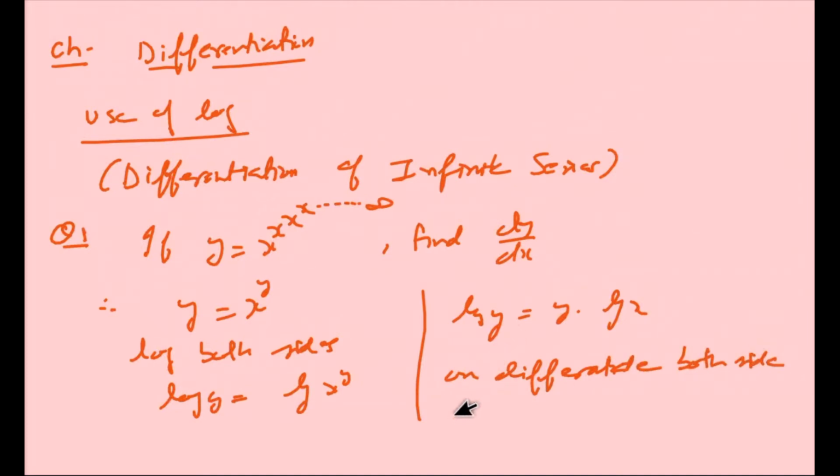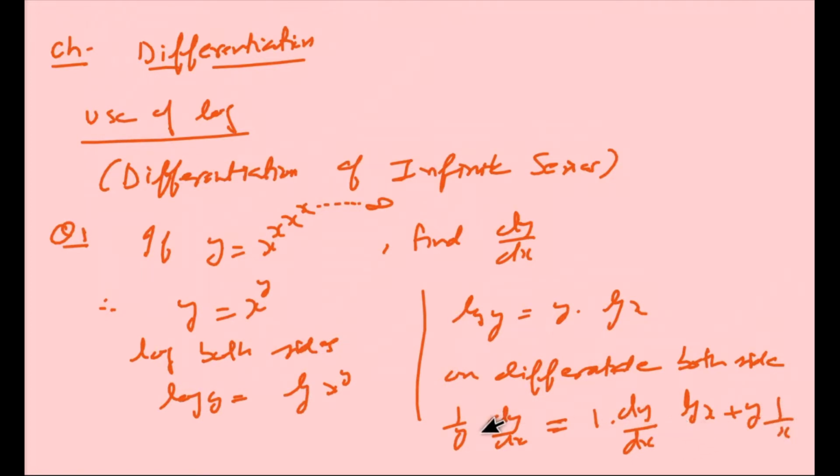Log y differential is 1 upon y dy by dx, and here we are using the multiplication formula. Differential of y is 1 and using implicit function, so it is dy by dx into second function plus first function into differential of second function.